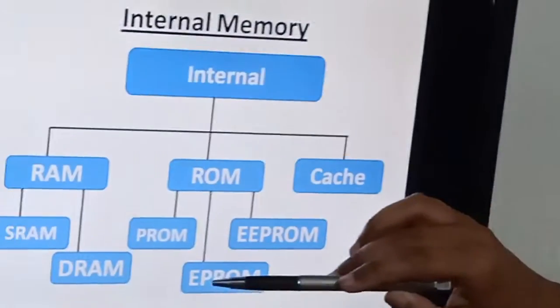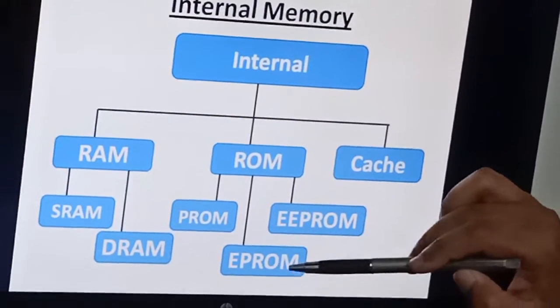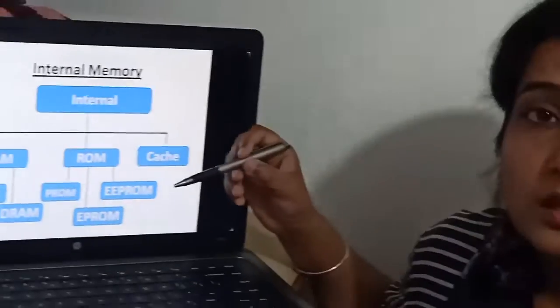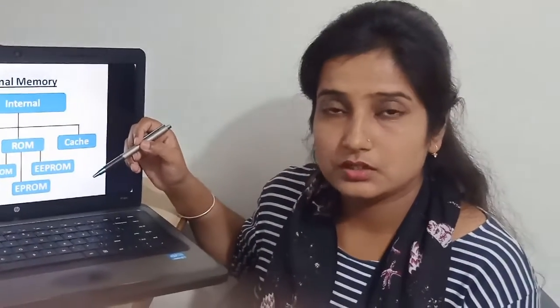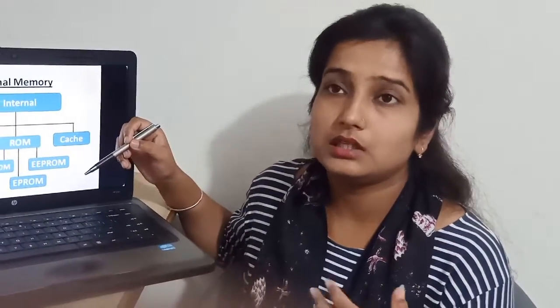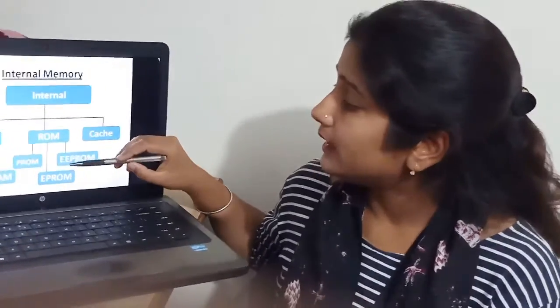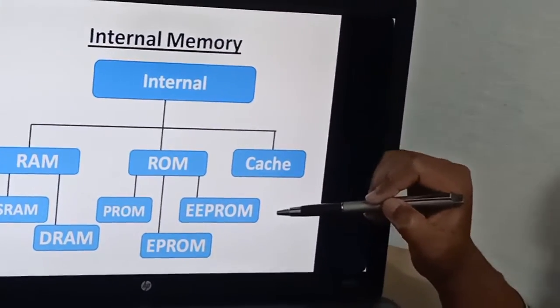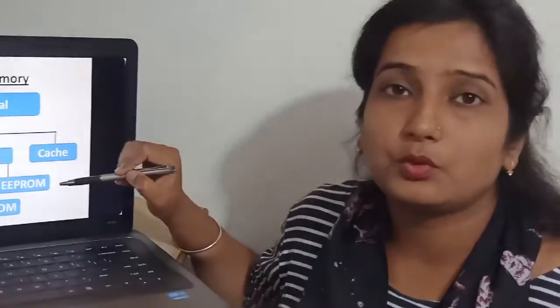So here comes the next one, EPROM, erasable programmable read-only memory, meaning here the data can be erased. Whatever instructions are stored by the manufacturer can be erased later and reprogrammed again. The next one is electrically erasable programmable memory. This memory can be erased or reprogrammed by electrical methods.